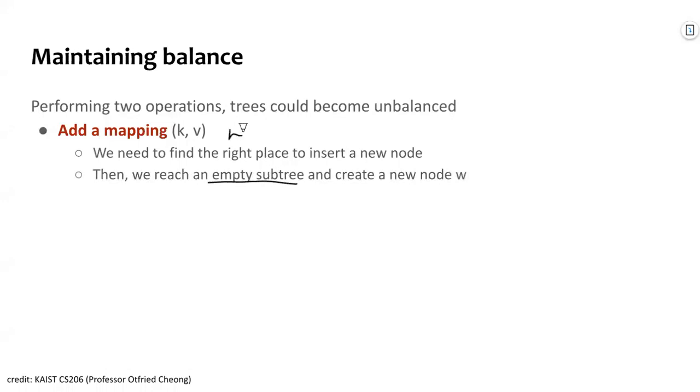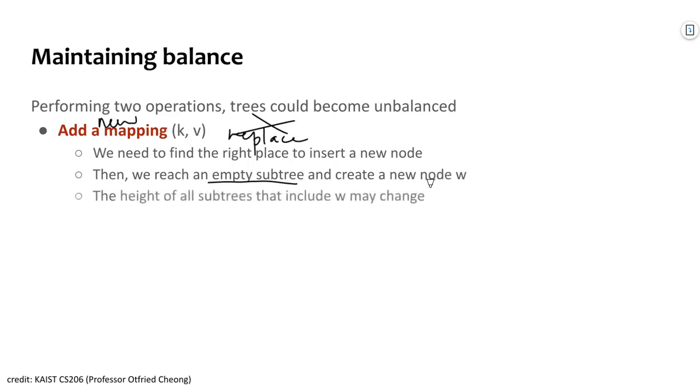So when we are replacing a mapping, the tree balance is maintained. So we do not need to think about this case. However, when we add a new mapping, we reach an empty subtree and create a new node, W. The height of all subtrees that include W may change.